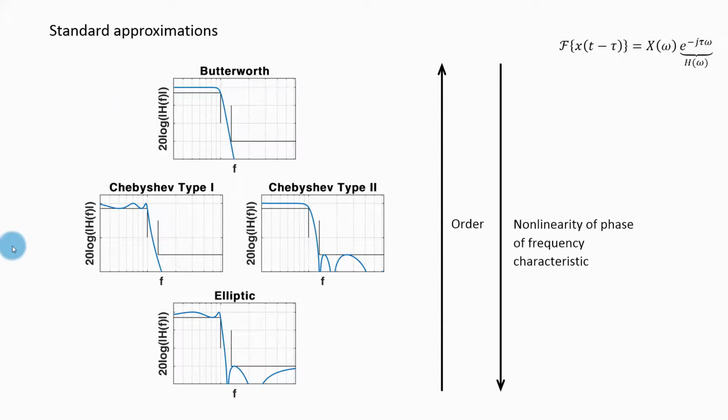All of these standard approximations, in fact all the IIR filters, have non-linear phase characteristics, so they can distort your signal, but the amount of distortion is going to be different for different standard approximations. The elliptic approximation is the worst, Chebyshev approximations are somewhat better, and the Butterworth approximation is even better. So when you design your filter, you need to pick your standard approximation, and these are the trade-offs that you need to consider in your choice.